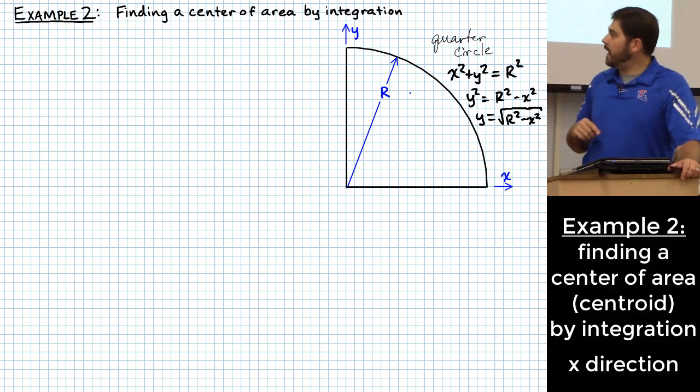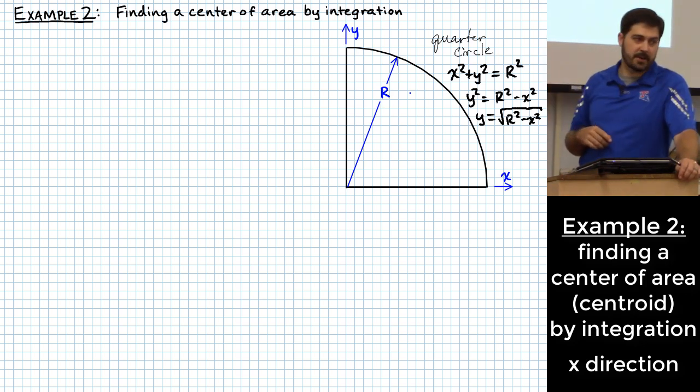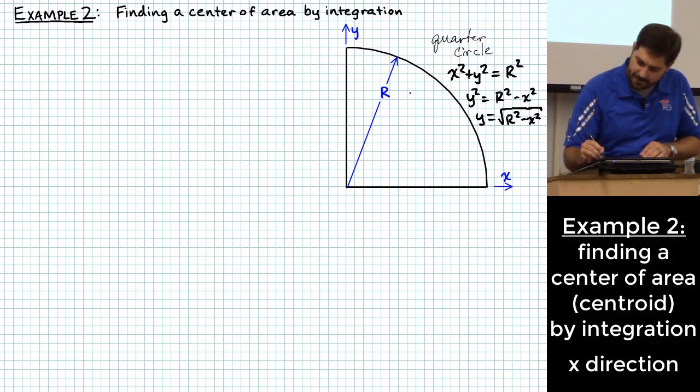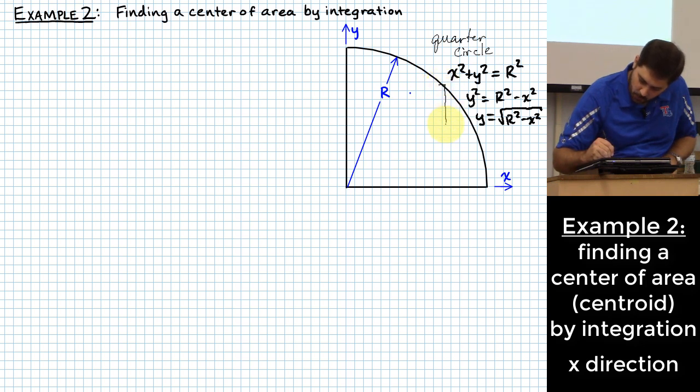So for this, how do we come up with a little element that is useful with what we just learned to figure out what the centroid is of this area? Let me show you. What we're going to do here is imagine this being a series of little rectangles.